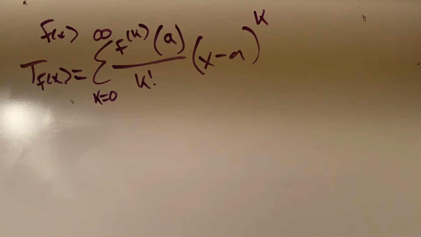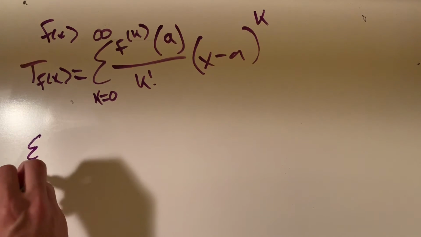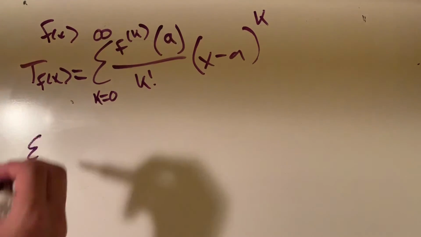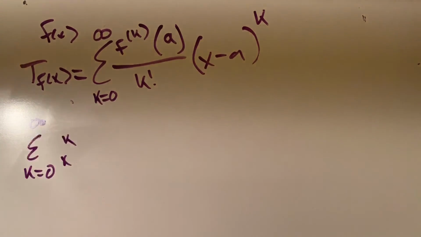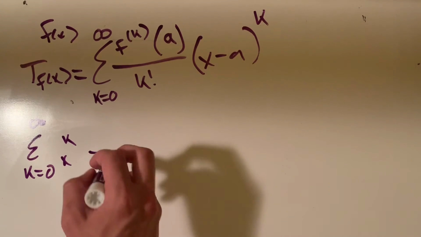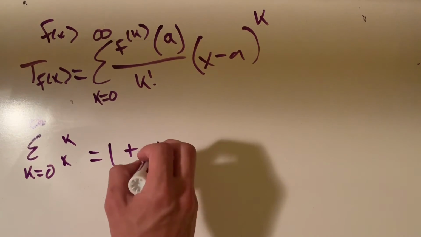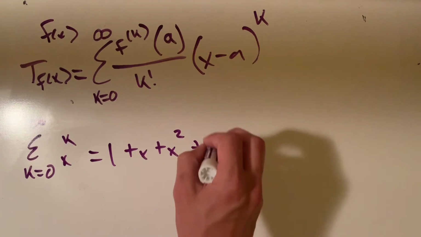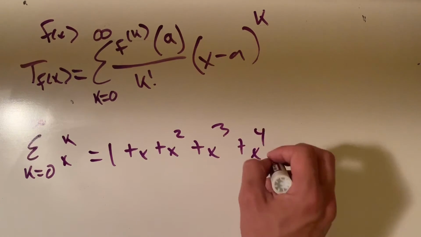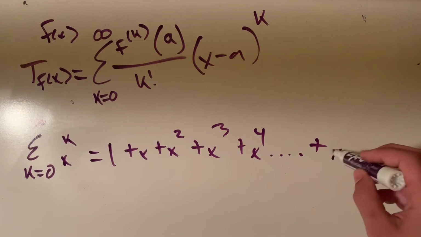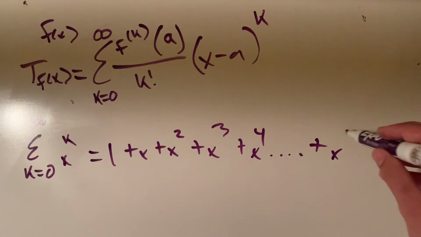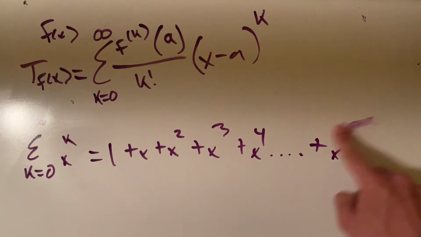Now this can be modeled by the expression the sum from k equals 0 to infinity of x to the k. Because this will equal 1 plus x plus x squared plus x cubed plus x to the fourth plus x to the infinity, essentially, but we can't write that.